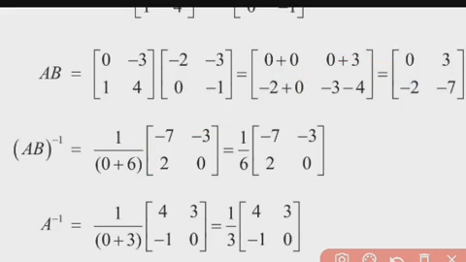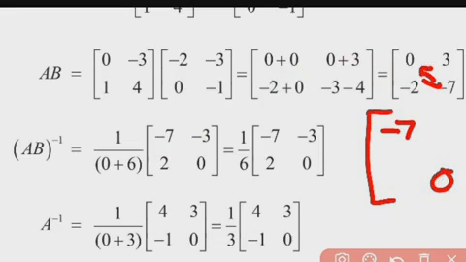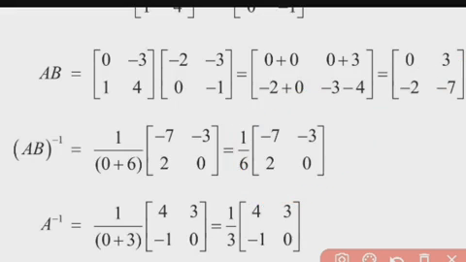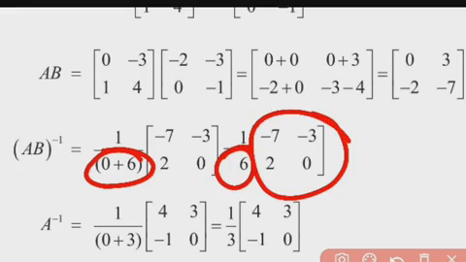I repeat, interchange these two values, -7 and 0, without changing the sign, and change the sign on the other diagonal, so -3 and plus 2. So this is the adjoint of AB value. We already found the determinant of AB is 6. We keep this as equation number 1.